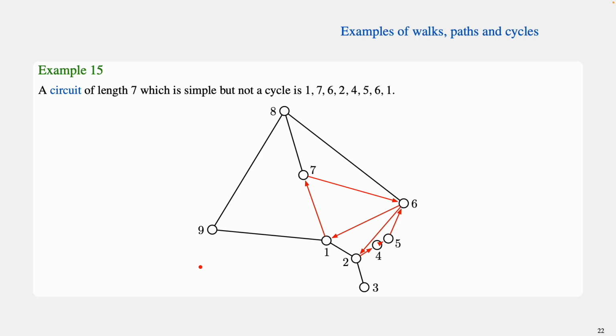A circuit is where we arrive at the initial vertex again, so from 1 to 7, 7 to 6, 6 to 2, 4, 5, 6, and back to 1.